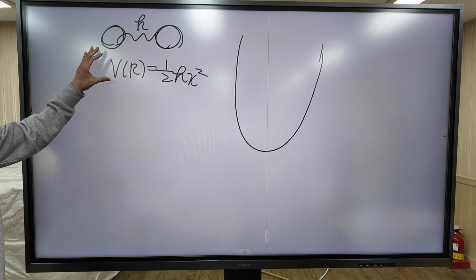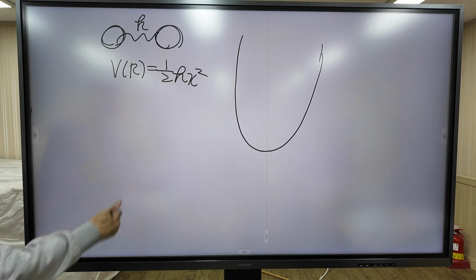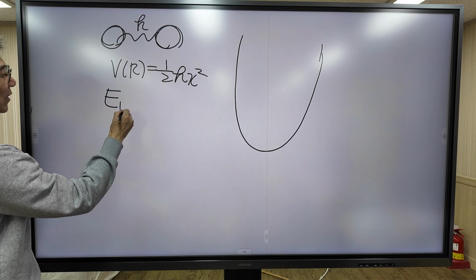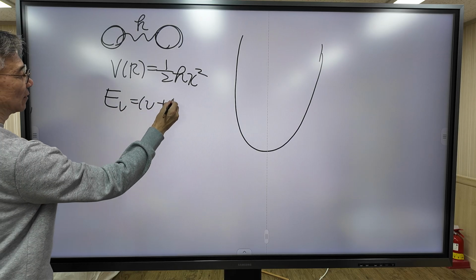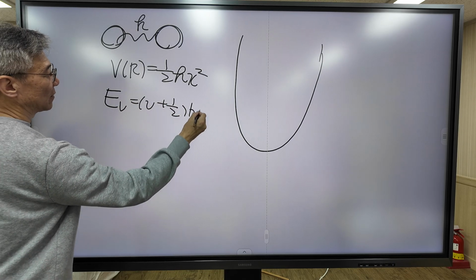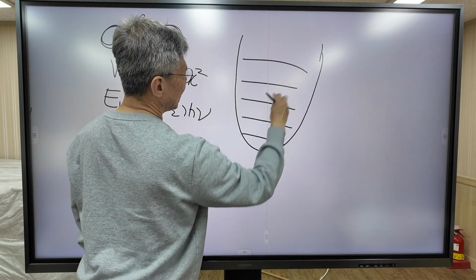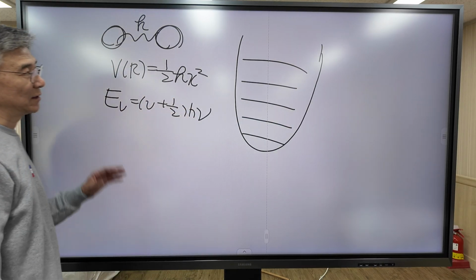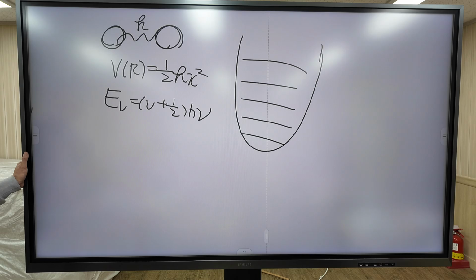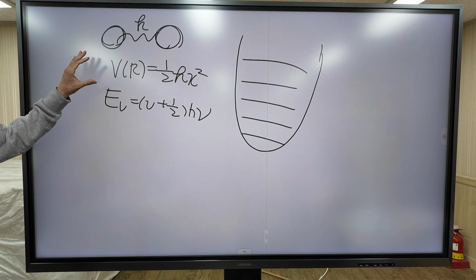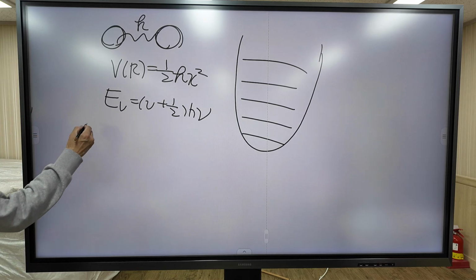When you put this potential into the Schrödinger equation, the vibrational energy is quantized like this. The energy levels look like this, equally spaced. This is the result. But as you know, this potential energy cannot explain the bond dissociation energy.